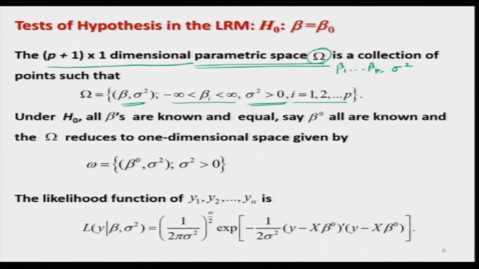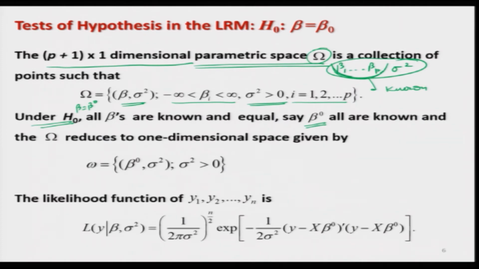Now, under H naught, you are assuming that beta is equal to beta naught. That means all betas are known, and we indicate that known value by beta naught. Then what happens to capital omega? Since beta 1, beta 2, up to beta p are now known, the only parameter left unknown is sigma square.